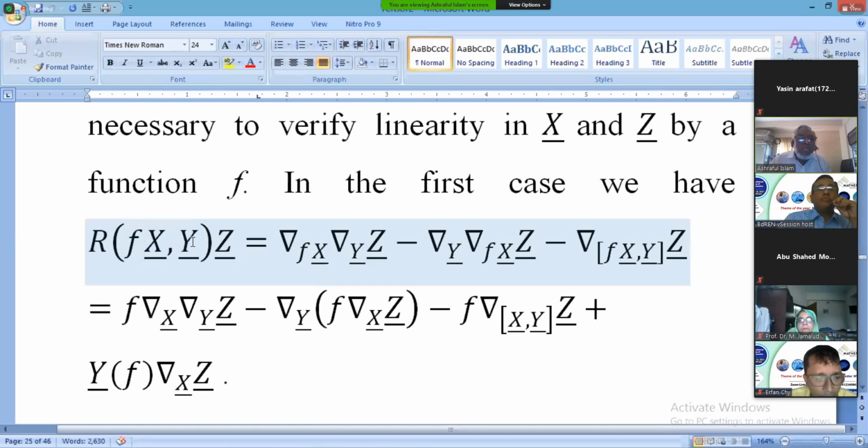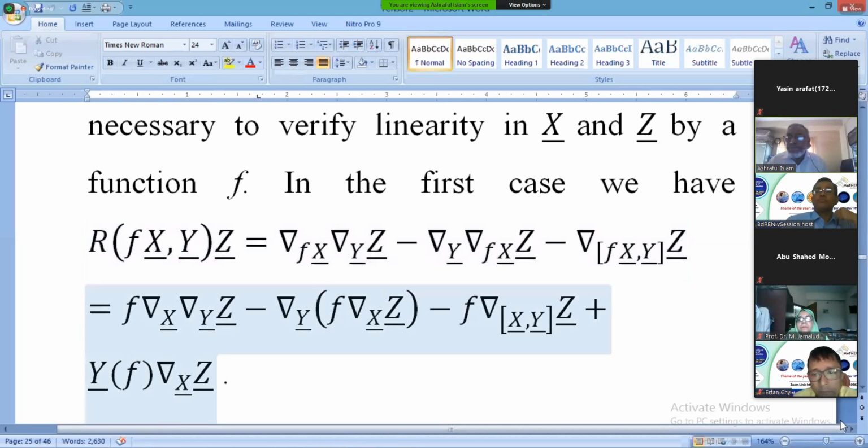If we replace y by gy and can take g outside, then this functional is linear in y. We have also seen that with z replaced by fz, f comes outside, so it is linear in z. So multilinear means it is linear in every slot: linear in x, linear in y, linear in z. Does everyone understand? Okay, thank you, sir.